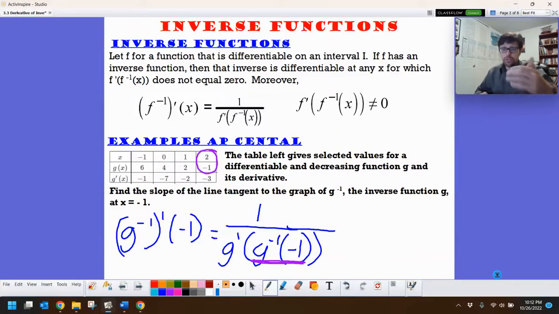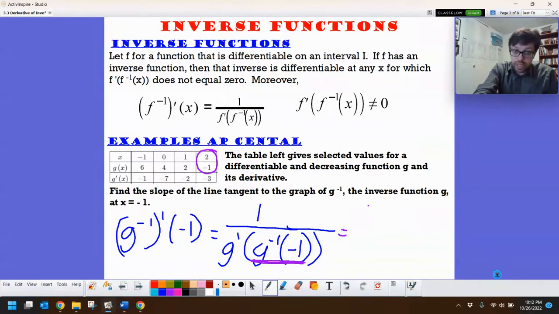So if we put 2 into g of x, we get out negative 1. So if we put that into the inverse, we'll get back out the 2, because that's what inverses do. If you put something into it and then you put that into the inverse, you get the same thing back. So this value of the inverse at negative 1 is 2.